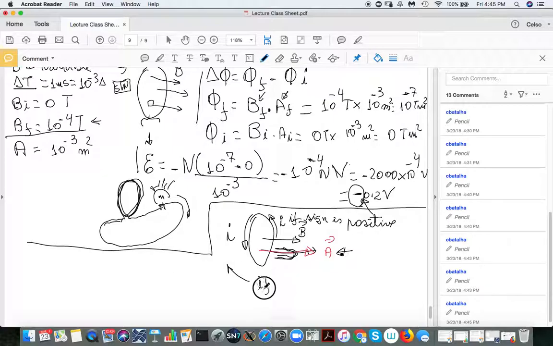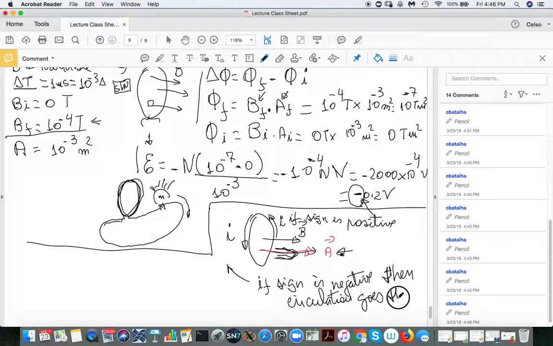So if the sign is negative, then the current circulation goes the other way.